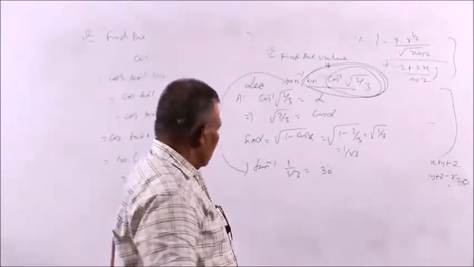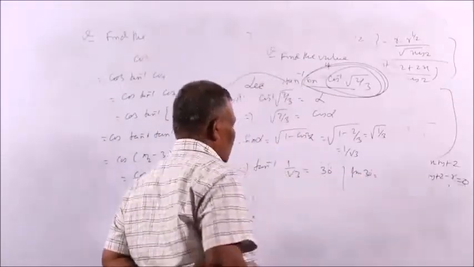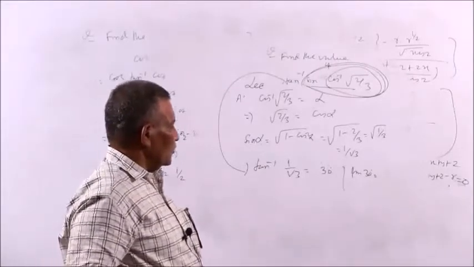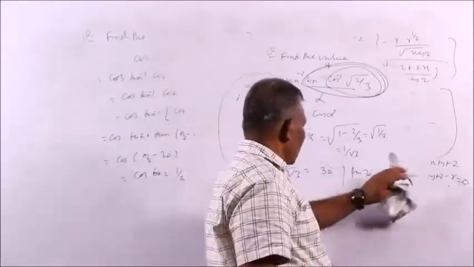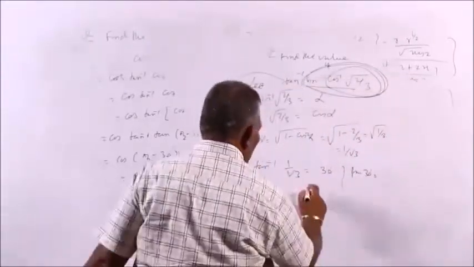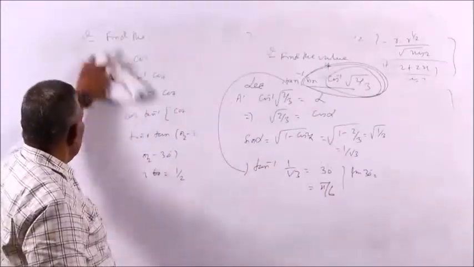Because tan 30 is sin 30 by cos 30. Sin 30 is 1 by 2 and cos 30 is root 3 by 2. So that will give you tan inverse 1 by root 3. That will give you 30 degree, or you can write in terms of radians as pi by 6.